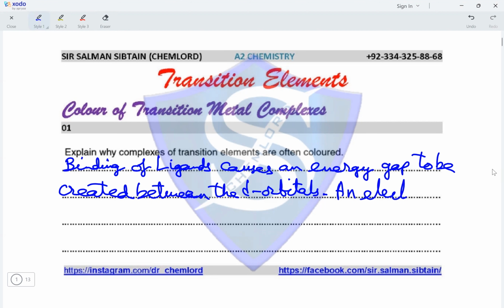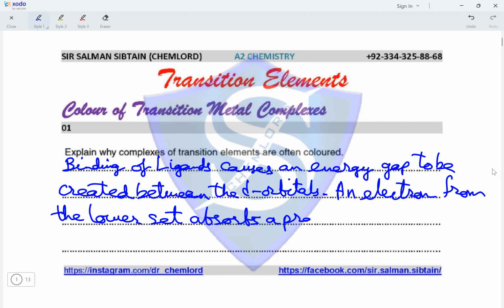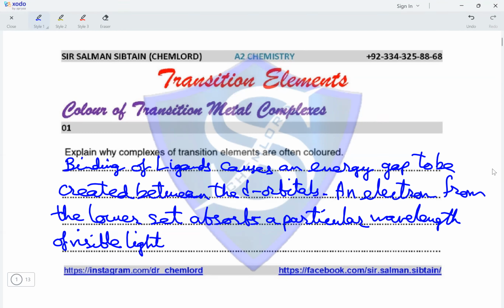An electron from the lower set absorbs a particular wavelength of visible light and transitions to the higher set.